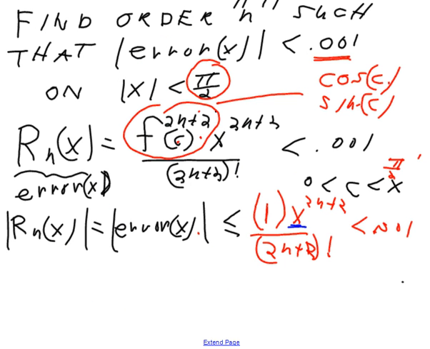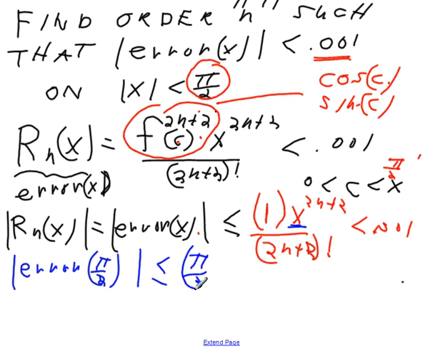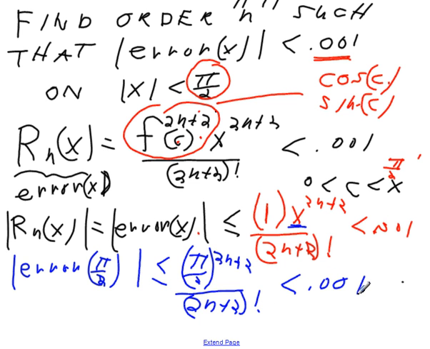So I'm going to go back and say this is the error at pi over 2. It's going to be less than pi over 2 to the 2n plus 2 over 2n plus 2 factorial, which is less than 0.001.